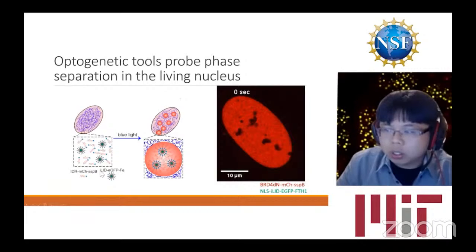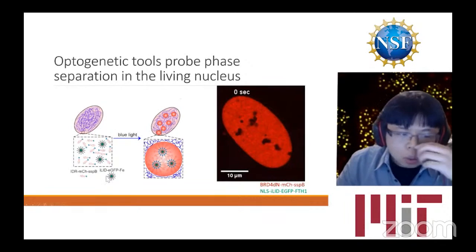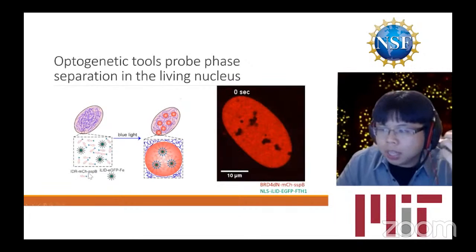When we turn on the light, they will bind tightly, and we will go from having this core and IDR dissociated state to having a fully decorated core, as you see on the right. To this SspB, we also have attached this IDR and this mCherry. These IDRs drive phase separation.